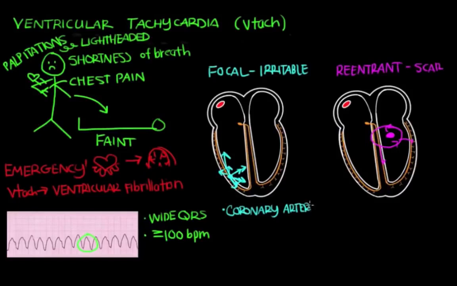And when the heart doesn't get enough oxygen, those ventricular cells get pretty angry and irritated. Also, certain electrolyte abnormalities like high potassium, low calcium, low magnesium can make ventricular cells pretty unhappy. Electrolytes play a huge role in electrical conduction and activity within the heart. So you can imagine that having abnormal levels could disrupt normal conduction.